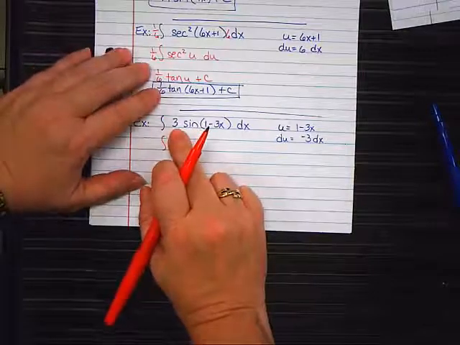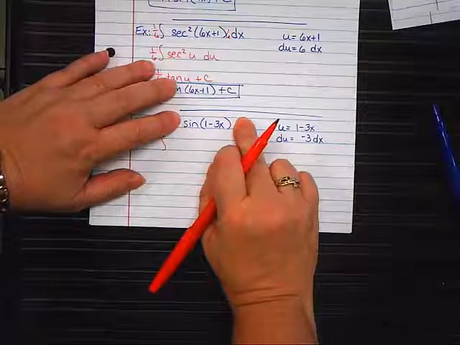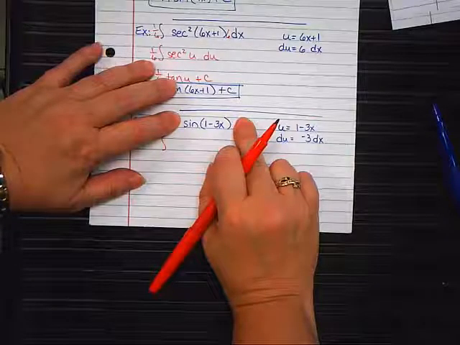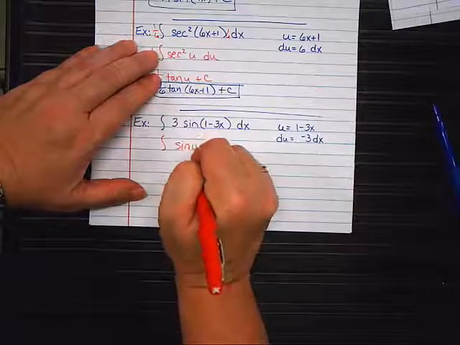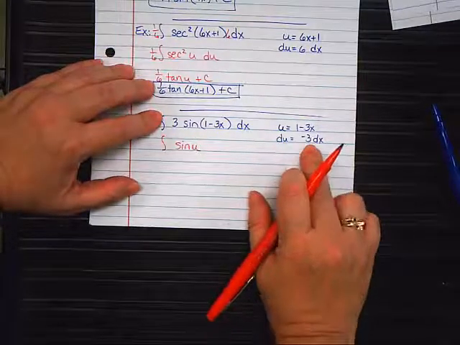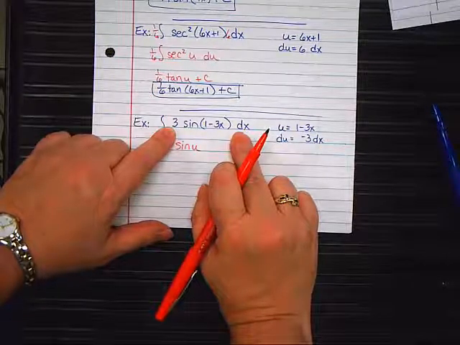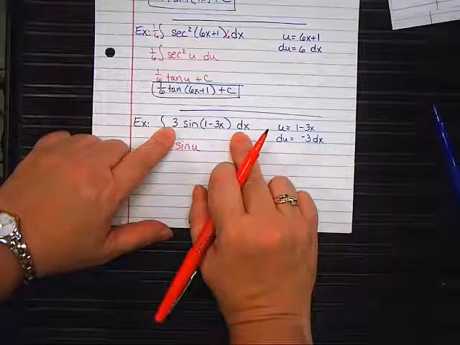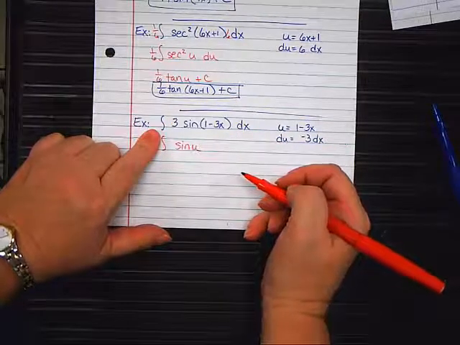Ignore the 3 for just a minute. Focus on this right here. How do I write that in terms of u? That's just sine of u, isn't it? Yeah. So we write sine of u. But du is supposed to be negative 3 dx. What I have left is positive 3 dx. Can I just put a negative on there? No, do it negative. Then you have to put a negative 1 on the outside.